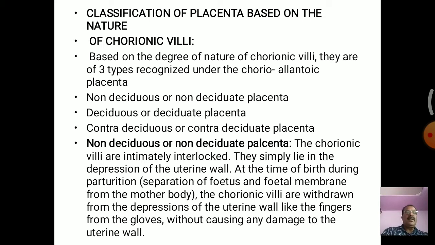At the time of birth, during parturition, separation of fetus and fetal membrane from the mother's body, the chorionic villi are withdrawn from the depressions of the uterine wall like the fingers from the gloves without causing any damage to the uterine wall.